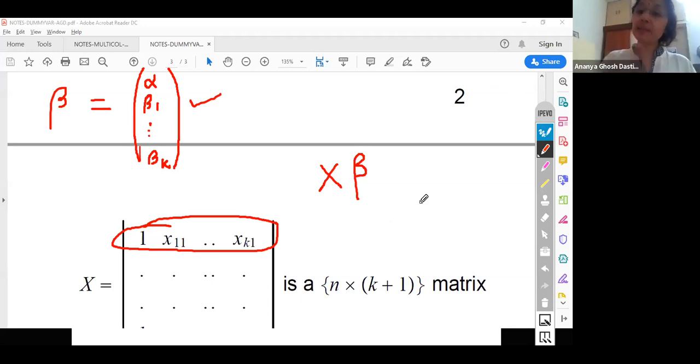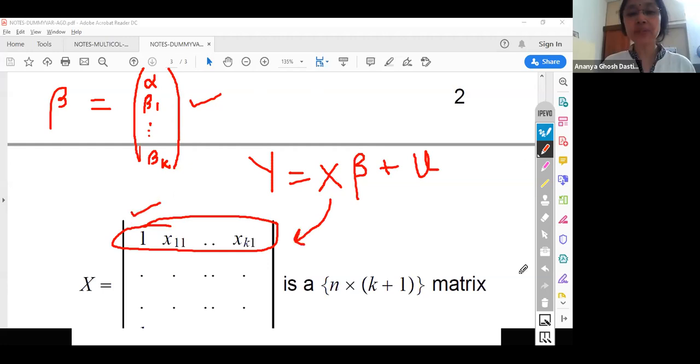It lies in your understanding of the fact that we can present our multiple regression model in matrix notation as y is equal to x beta plus u, where x is this particular matrix, which has a column of ones. Why is this column of ones over there? Because the one needs to pick up the alpha, the intercept.